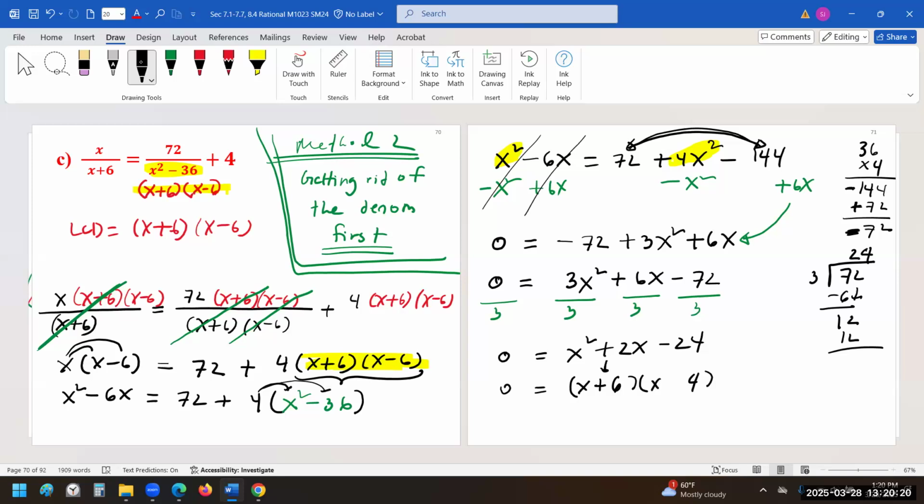That means 4 has to be minus. So we have x plus 6 equals 0, x minus 4 equals 0. That gives us x is negative 6, and x is 4. You factor out 3 and then you divide by 3.